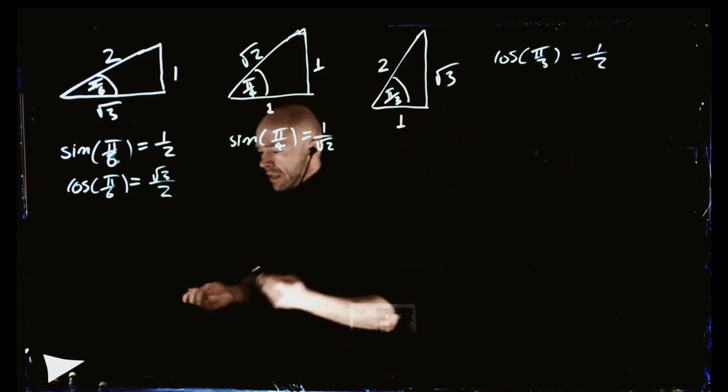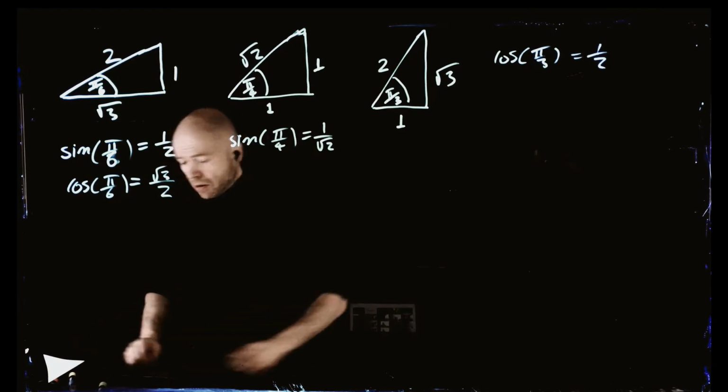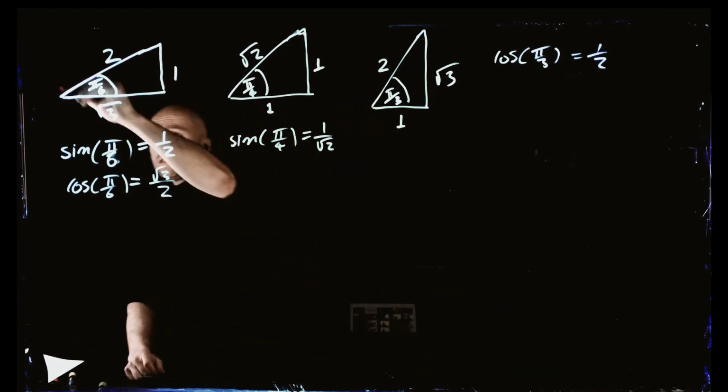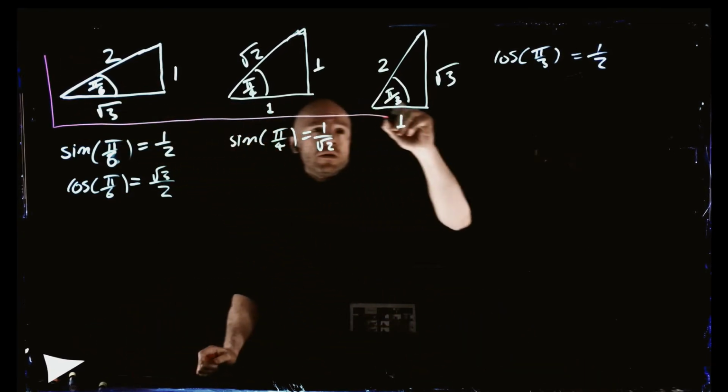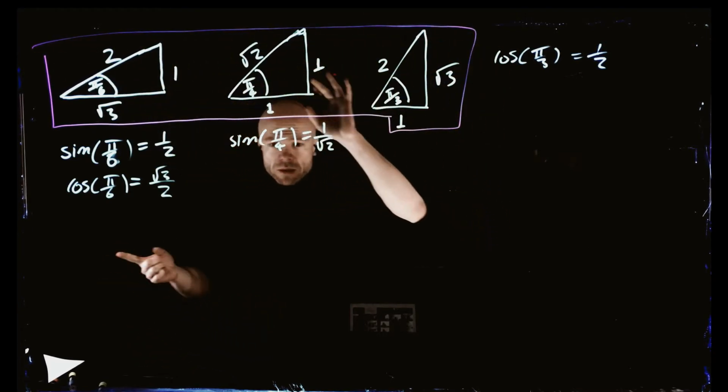So to know all the trig functions of these three angles, all you need is to have this picture in mind. Or maybe these three pictures. This guy is easy, nothing much to think about.